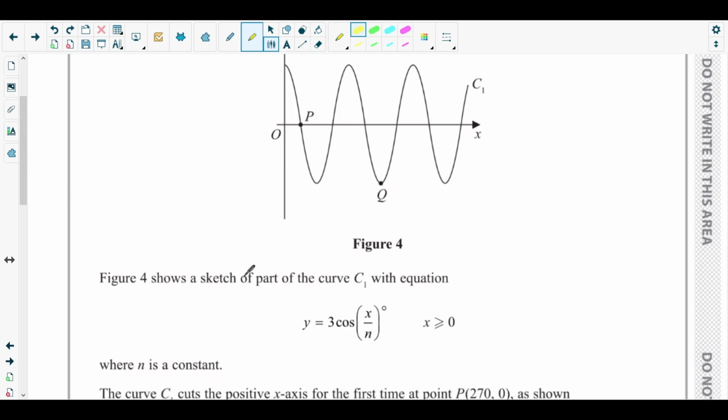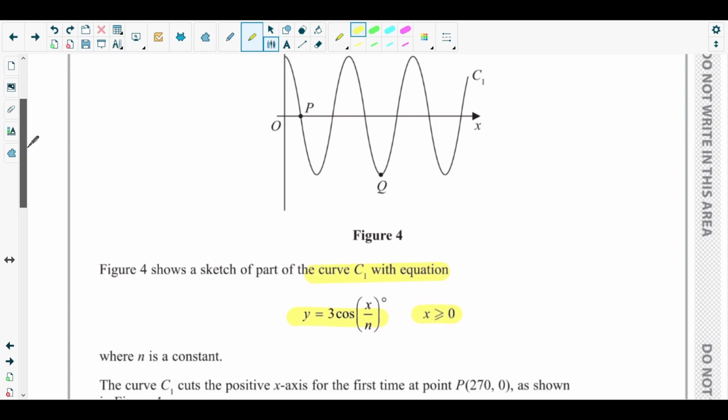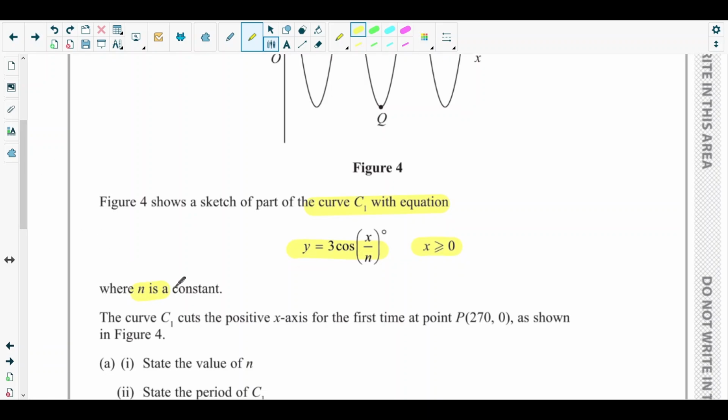Figure 4 shows a sketch of part of the curve C1 with equation y equals 3 cos(x/n) degrees, where x is greater than or equal to 0. So the curve C1 is on the positive x-axis, where n is a constant.